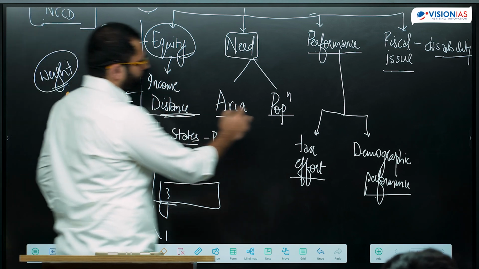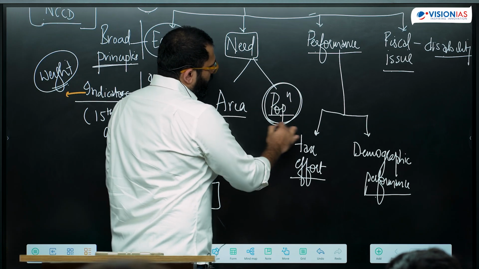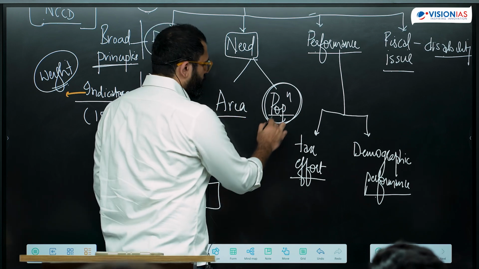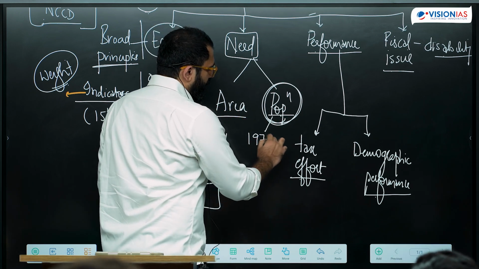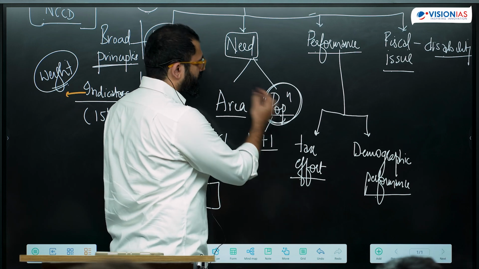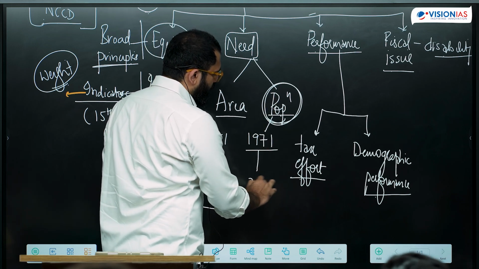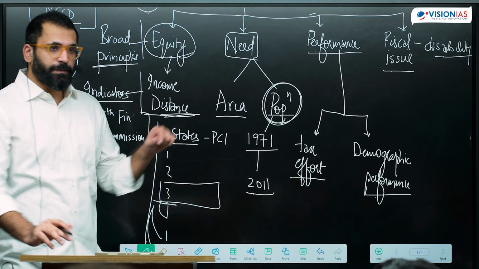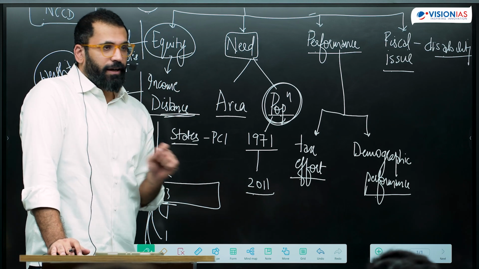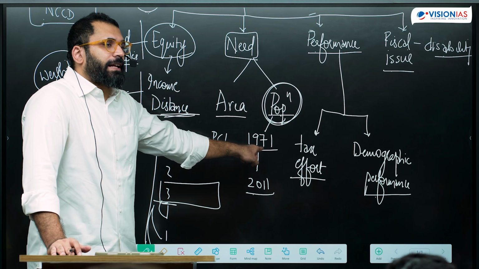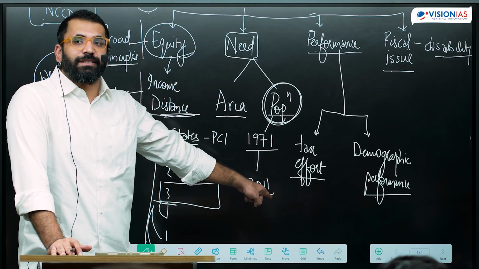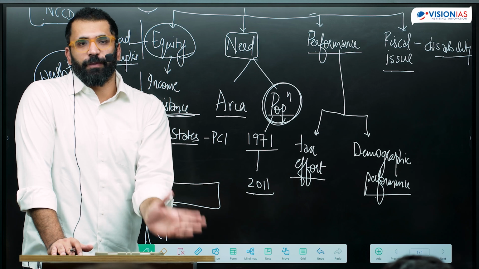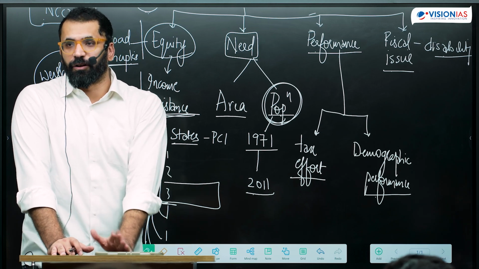So what happened here was, for estimating the population, the previous Finance Commissions, the 13th and 14th, used the census of 1971. This Finance Commission wanted to shift to 2011. Now the southern states complained that if you shift from the 1971 census to the 2011 census, we are going to get much lesser funds because we have controlled the population in a better manner as compared to the northern states.